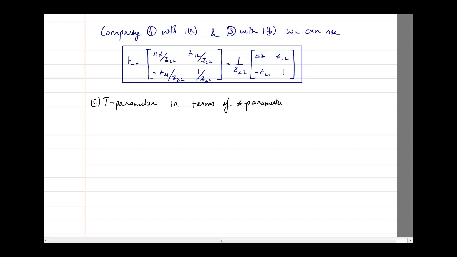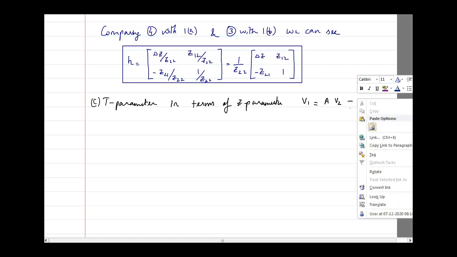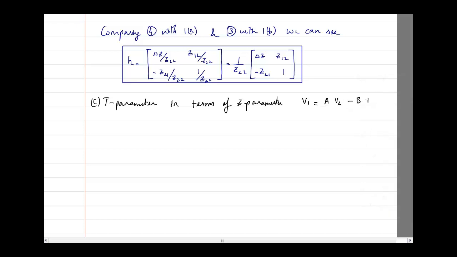And what is T parameter? Just now we saw that it is V1 with respect to V2, I2 and I1 with respect to V2, I2. This I will write as equation 1a, this I will write as equation 1b.